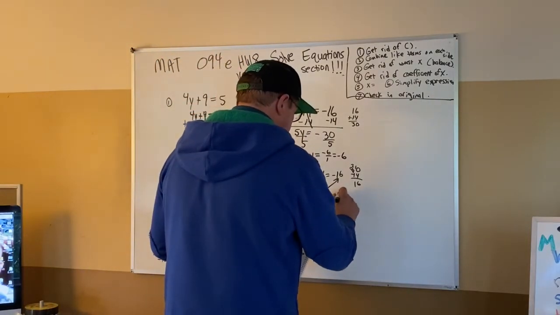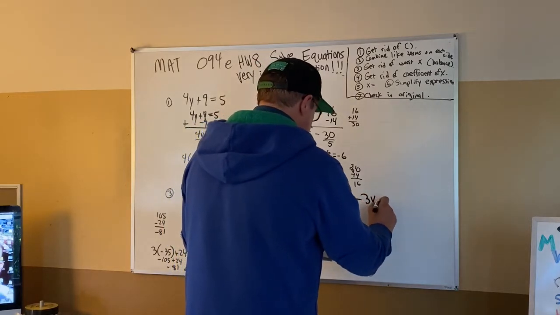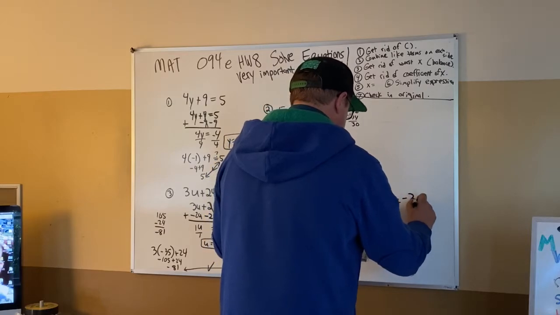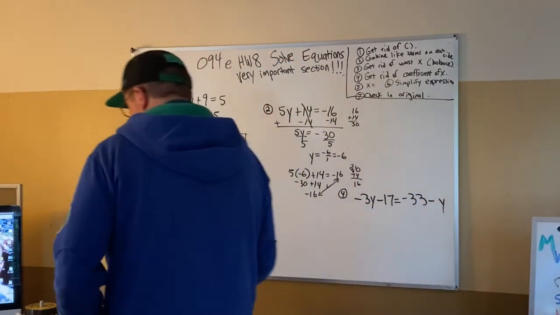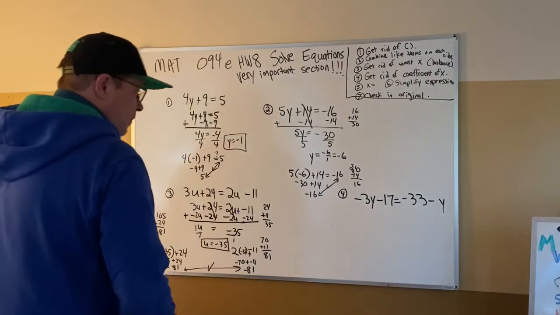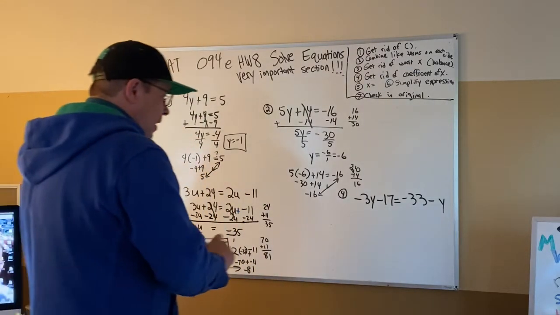4. Negative 3y minus 17 equals negative 33 minus y. Now I got some work to do here just setting it up, so I'll write it again.